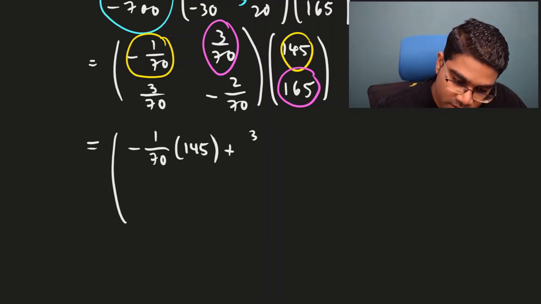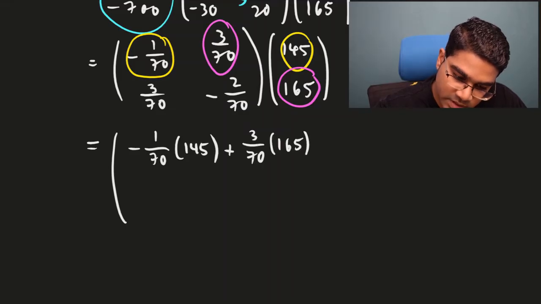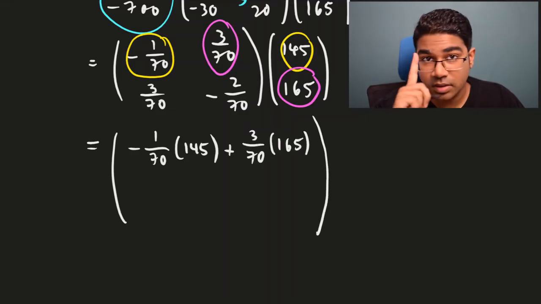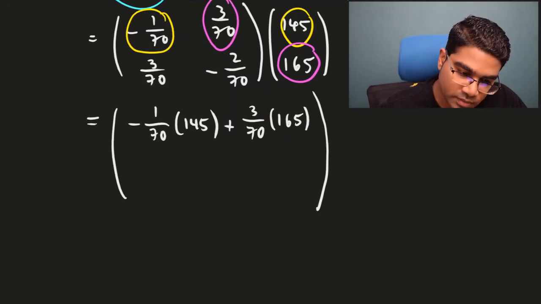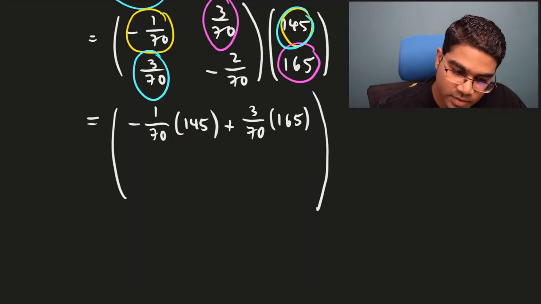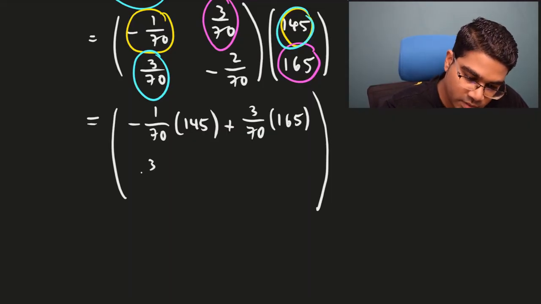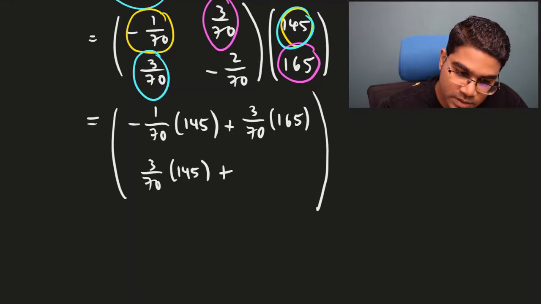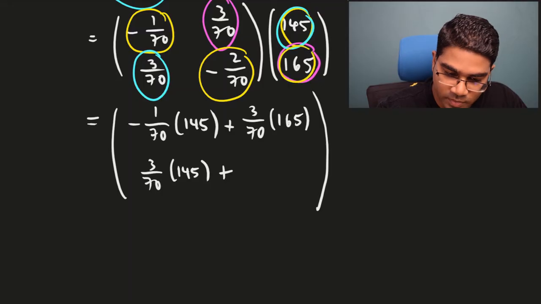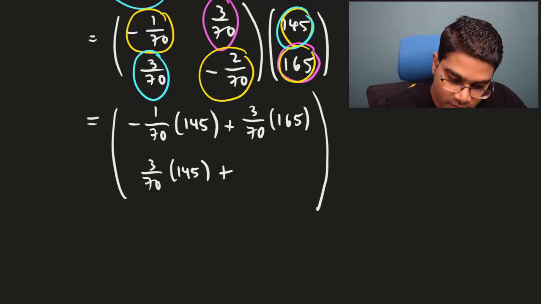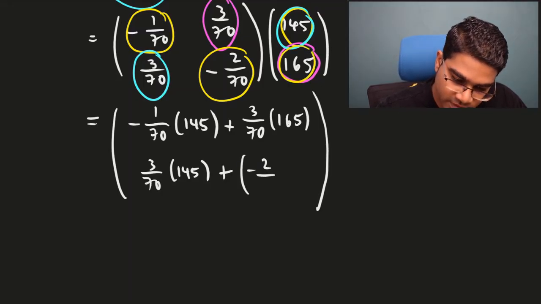Remember, this is still the first term. Now the second term, we have to look at the second row. So 3 over 70 times 145, plus we have negative 2 over 70 multiplied by 165.